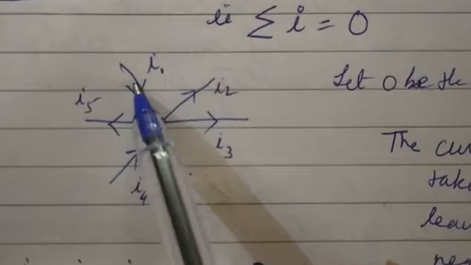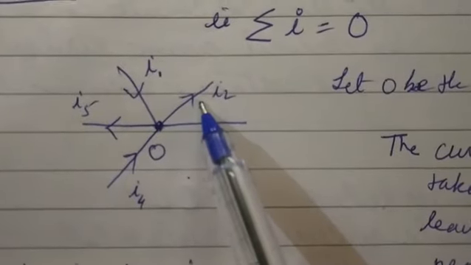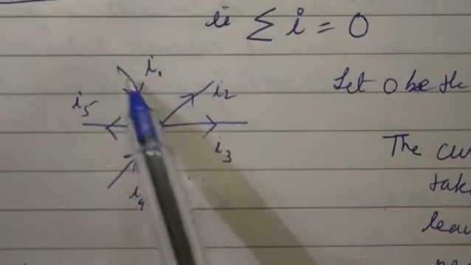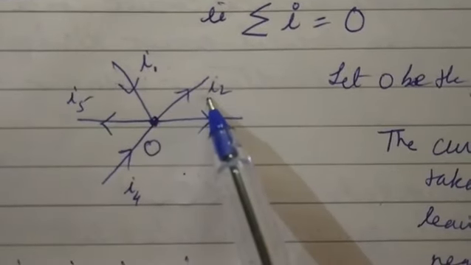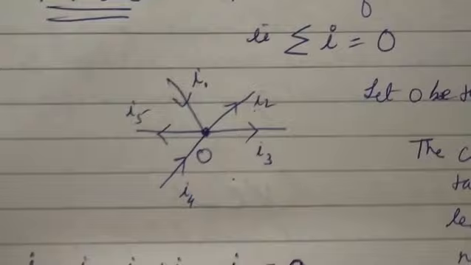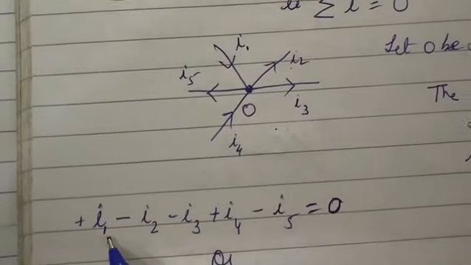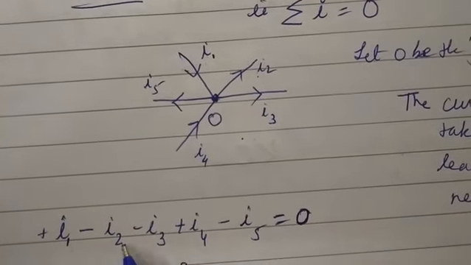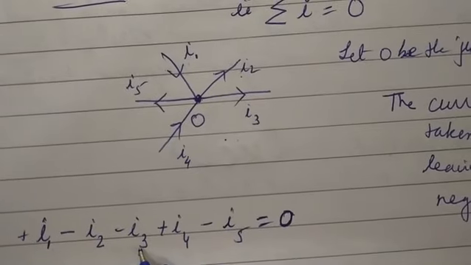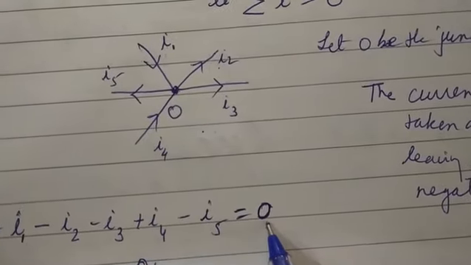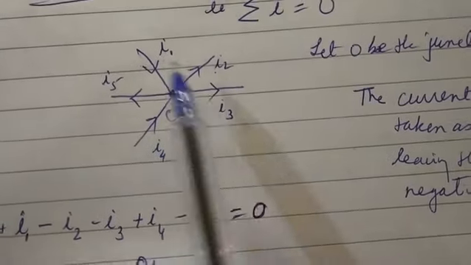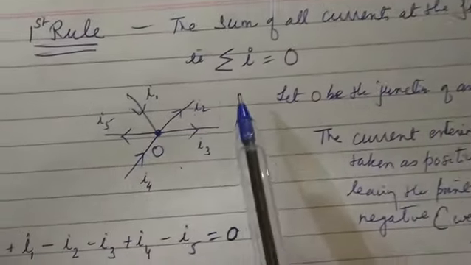So one you have to take positive, the other negative. When we write it, I1 will be plus, I2 is minus, I3 is also leaving the junction so minus, plus I4, minus I5 will be equal to 0. The sum of all the currents at the junction must be equal to 0.